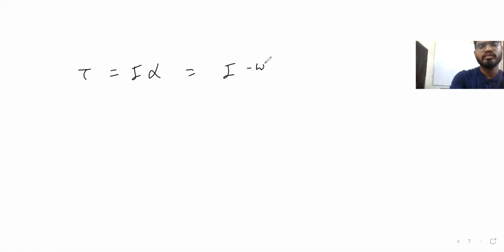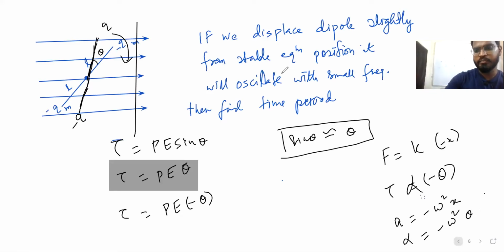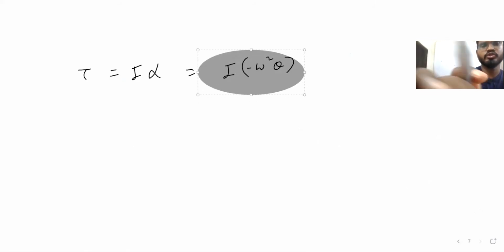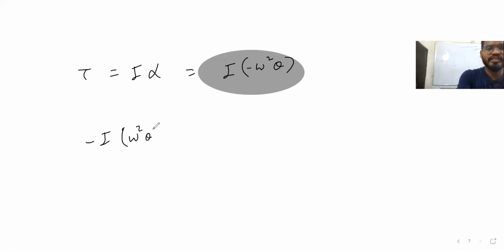Equating both the torque equations, we get I into minus omega square theta is equal to minus PE theta, right?